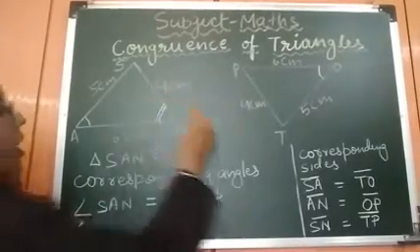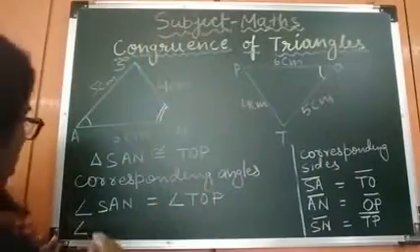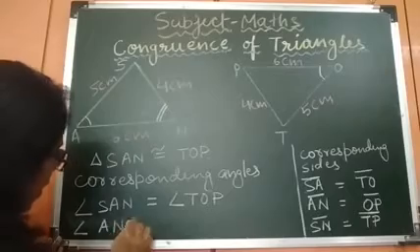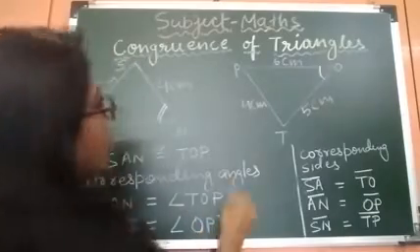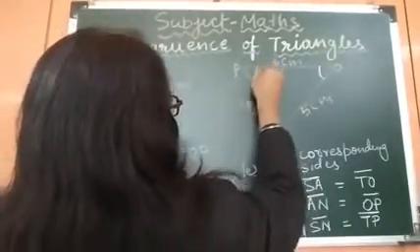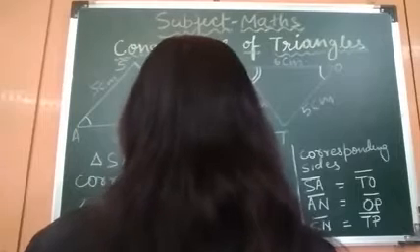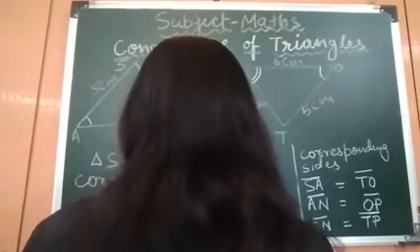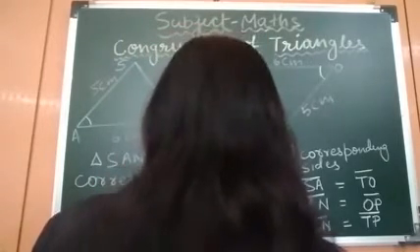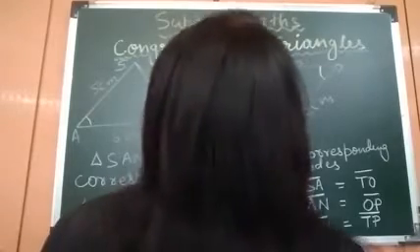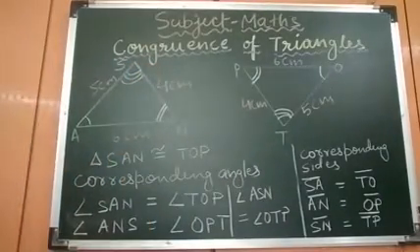Angle ANS is equal to angle OPT. And the third one is angle ASN equal to angle OTP. So these all are corresponding parts.